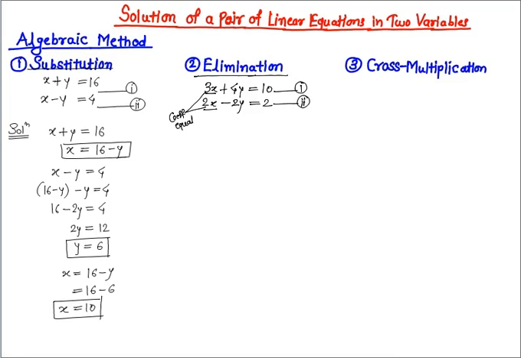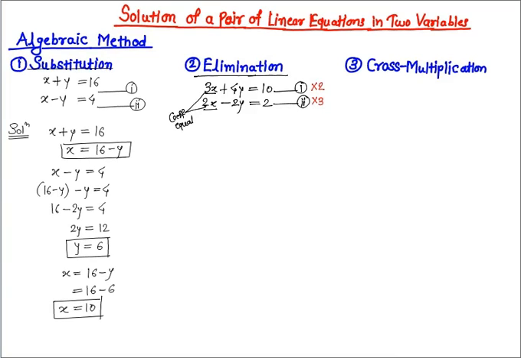Whatever is the coefficient of x in the second equation, that is 2, multiply the first equation by it. So, if we multiply the first equation by the coefficient of x in the second equation, that is 2, and if we multiply the second equation by the coefficient of x in the first, that is 3, we will get the coefficient of x in both the equations as equal.